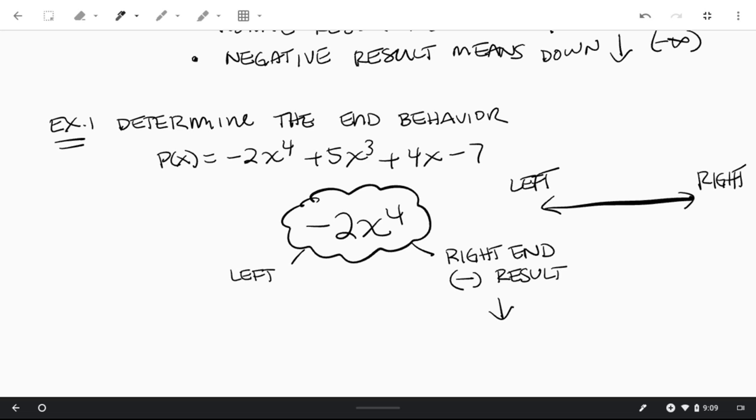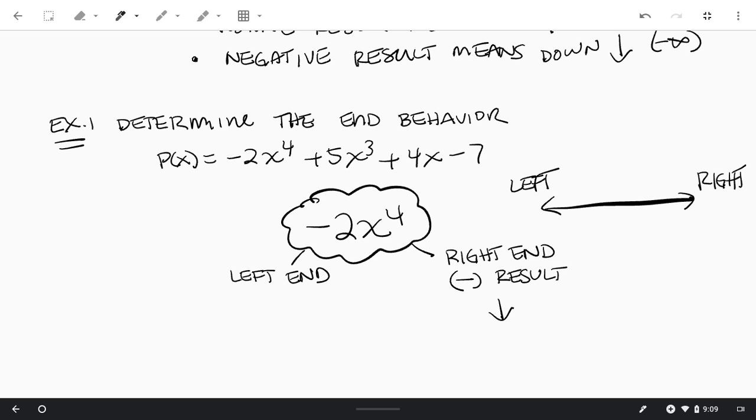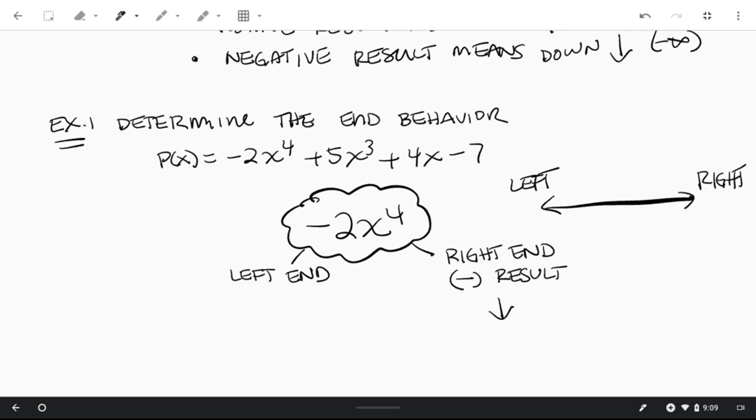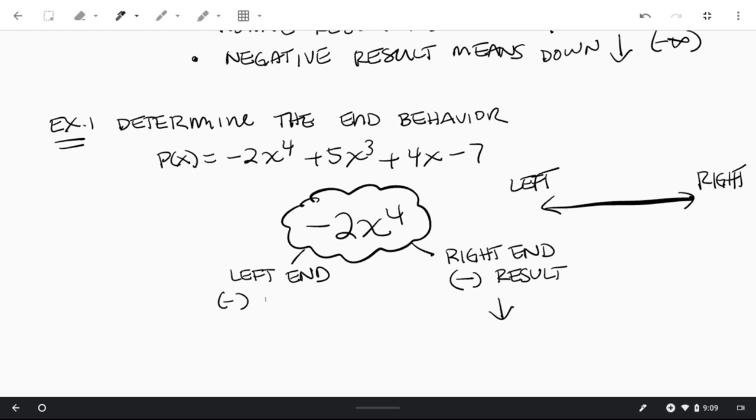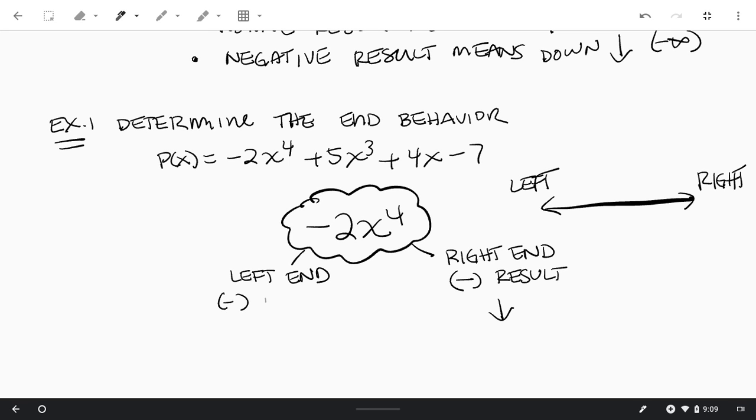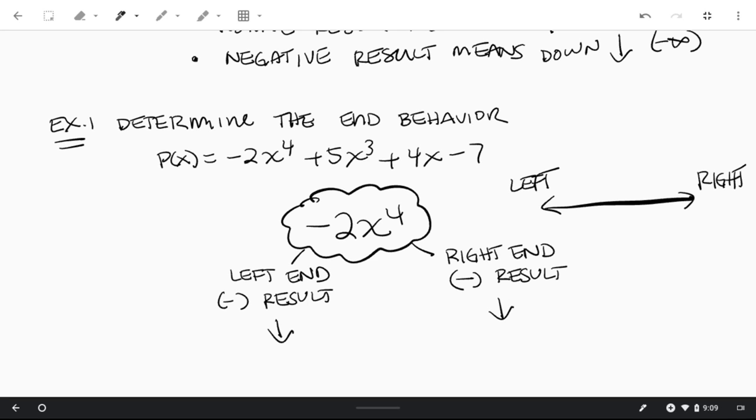Plug in a very negative number like negative 1,000,000, raise it to the fourth power. That's going to be positive, and then multiply it by negative 2, and that's going to give us a negative result. So on the left-hand side, the graph will also be going down.